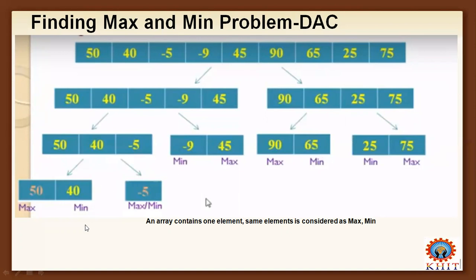Now it's time to apply the conquer and combine method. The division method is over. Once there is no possibility of dividing the elements into sub-arrays, we stop the division method and apply the conquer and combine method.